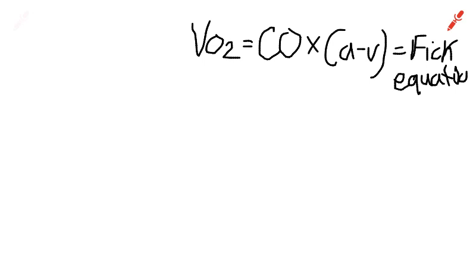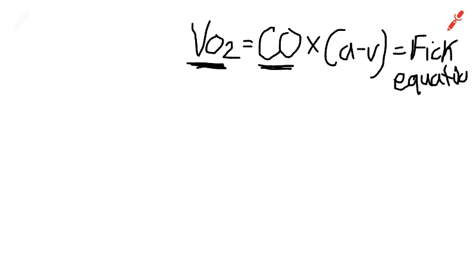But this is the Fick equation. Cardiac output, we know, is the total amount of blood circulating your body every minute. So it's how much blood your heart pumps out in a minute span. Greater with exercise. VO2 is how much oxygen your muscles can utilize, depending on how much blood you pumped out. Because not all the oxygen your body pumps out, your body uses. It's not as efficient as you think. It's not 100% efficient.